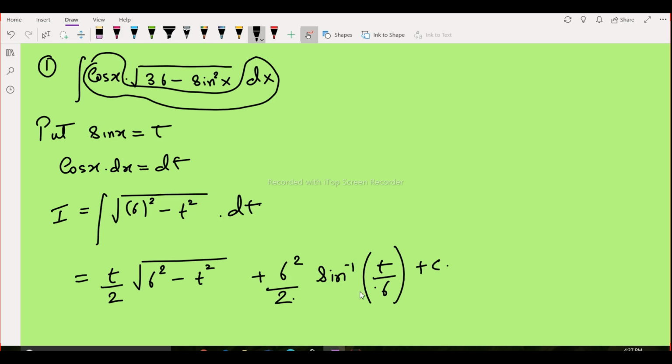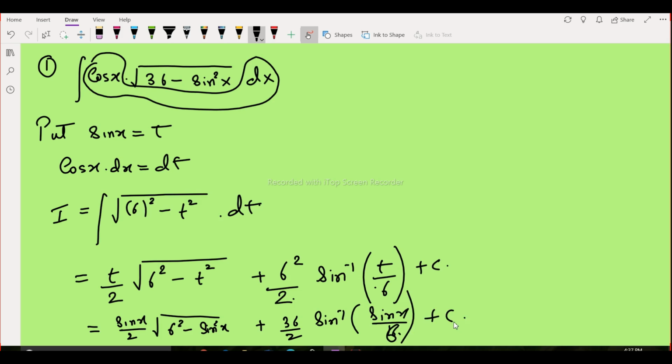And now you can resubstitute: for t you'll put sine x, so sine x by 2 root of 6 square minus sine square x plus 36 by 2 sine inverse sine x by 6 plus c. I get the answer.